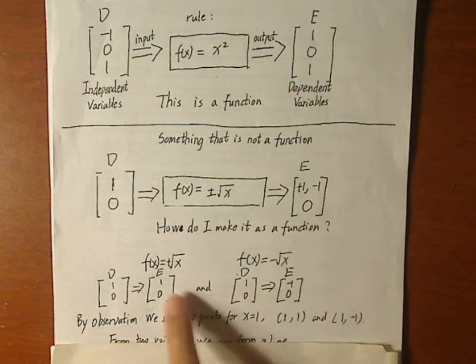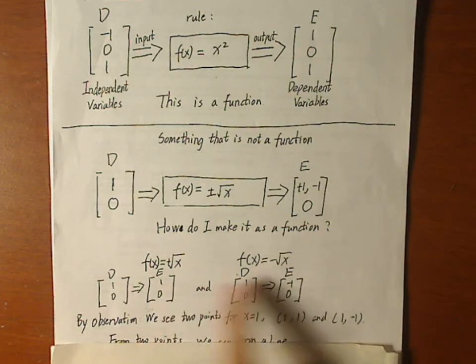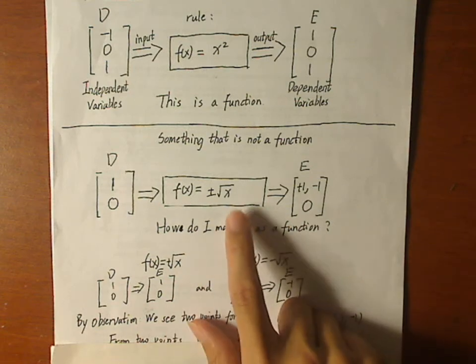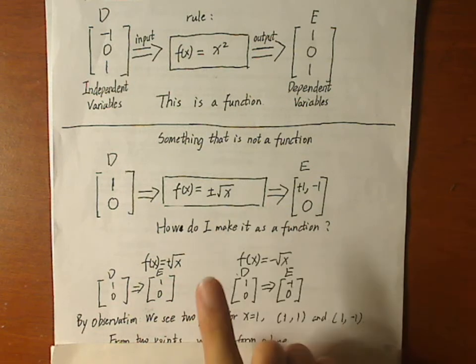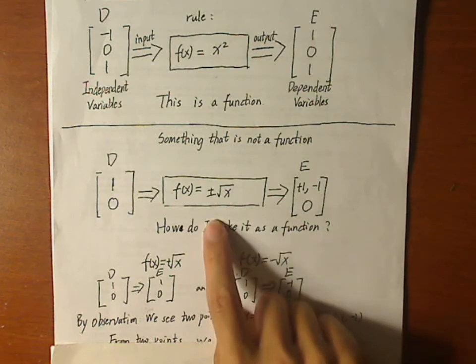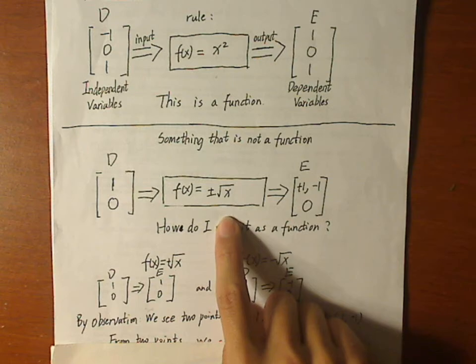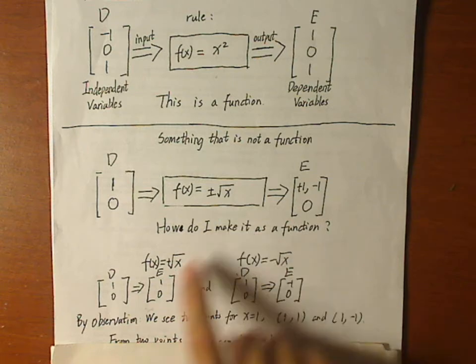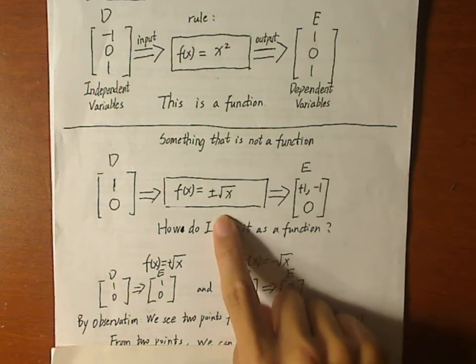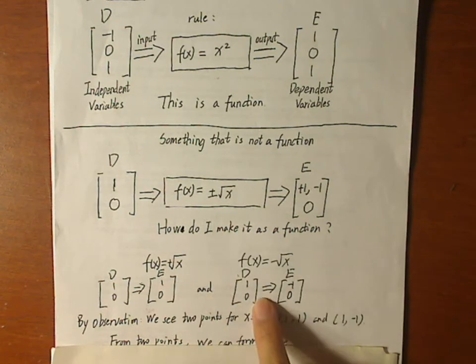Two functions combined together give me the same result as the top one. However, the top one is not a function. I need to write it as two separate parts. Do you see that? This is not a function. Those two are functions.